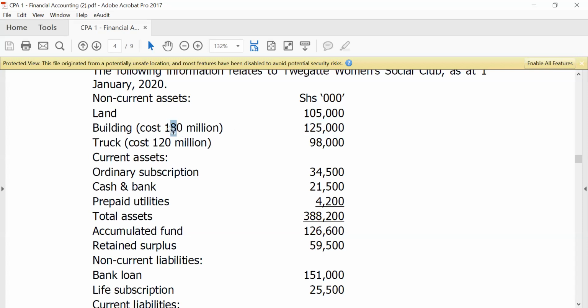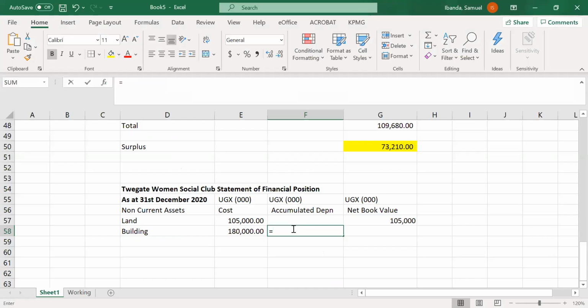So accumulated depreciation at the start of the year is 180 minus 125. You'll be able to press your calculator. 180 minus 125 gives you 55. So 55,000 is the accumulated depreciation for the building at the start.